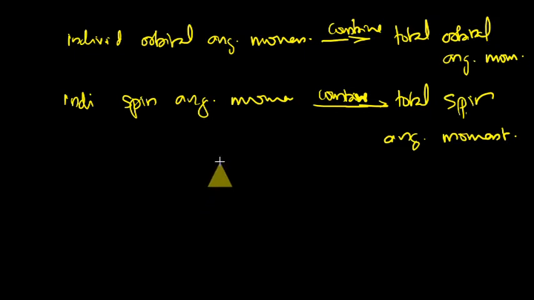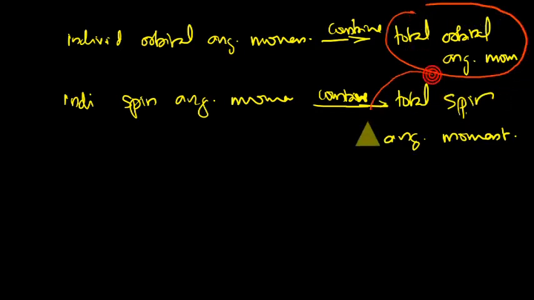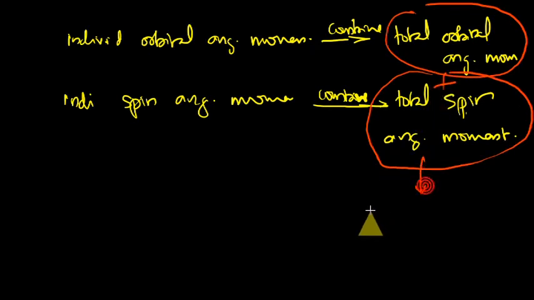This total orbital angular momentum will couple with the total spin angular momentum to give the total angular momentum. Okay, this is one scheme of coupling.